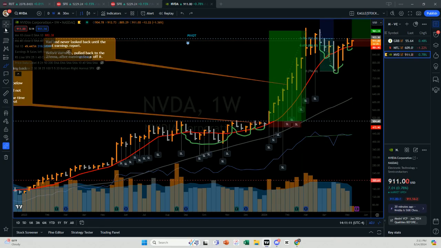Mm-hmm. Yeah. So part of the answer to that question is that the more examples we see, the more you start to understand the nuances of them, right? Because with VCPs, the definition isn't as simple as, say, a flat base.